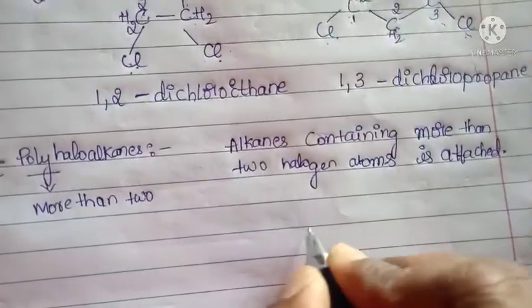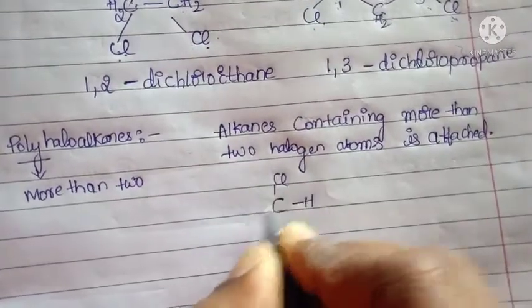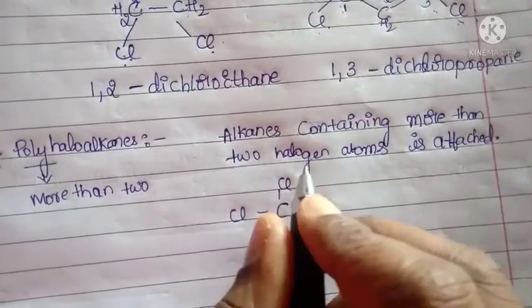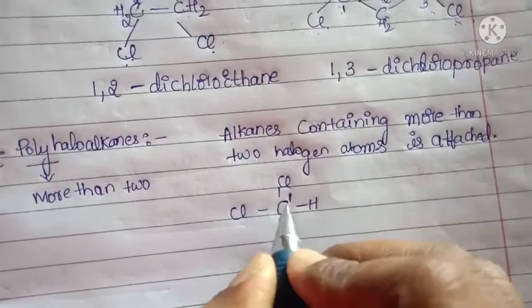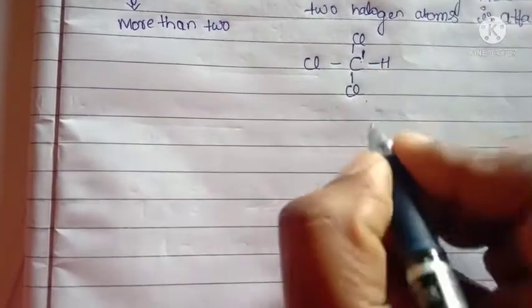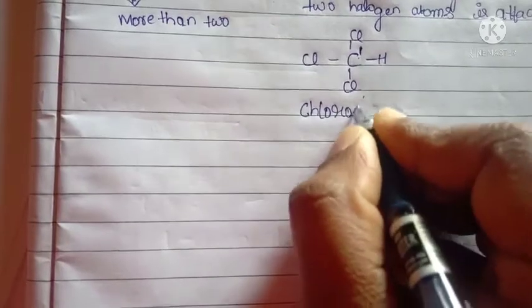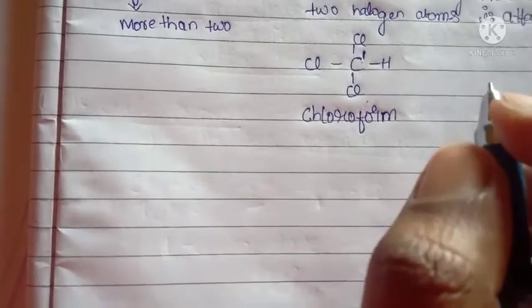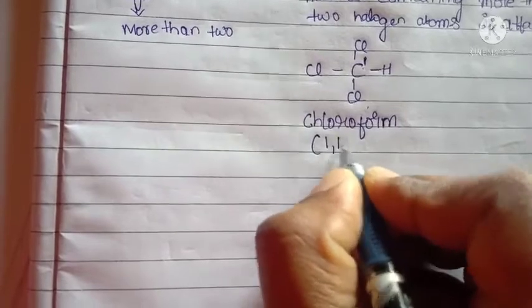Okay, example CHCl3. How many chlorine atoms are there? 3 chlorine atoms. If you give a number to the carbon atom, this will get only 1 carbon atom. So the common name is chloroform. Okay, CHCl3, and the IUPAC name is 1,1,1.